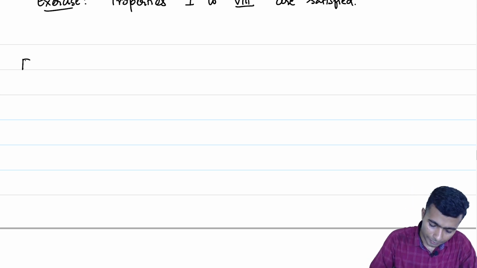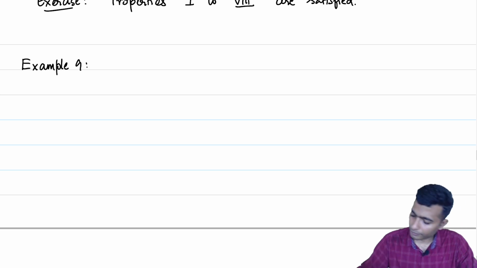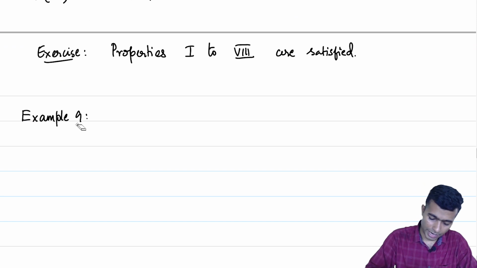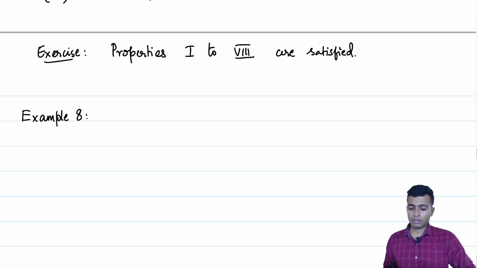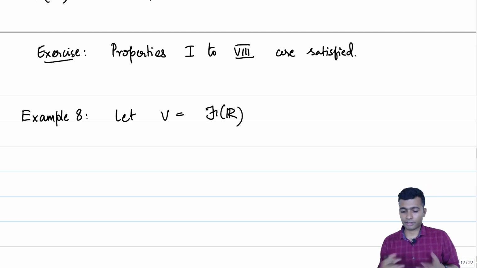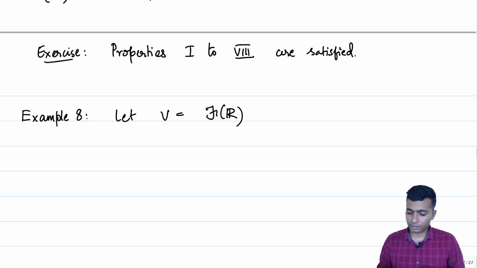So, example 9. Or not, example 8. Let V be equal to what is usually denoted as f of R. So, you might be wondering why I am giving strange notations.